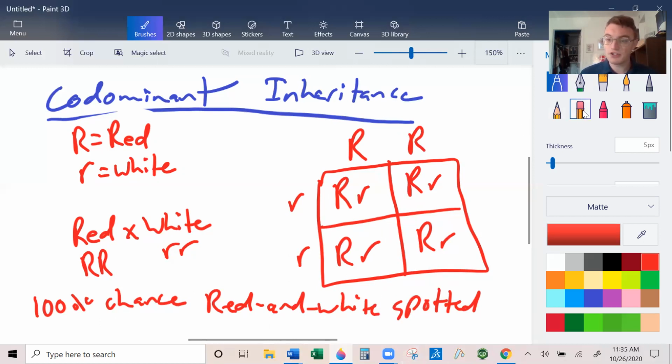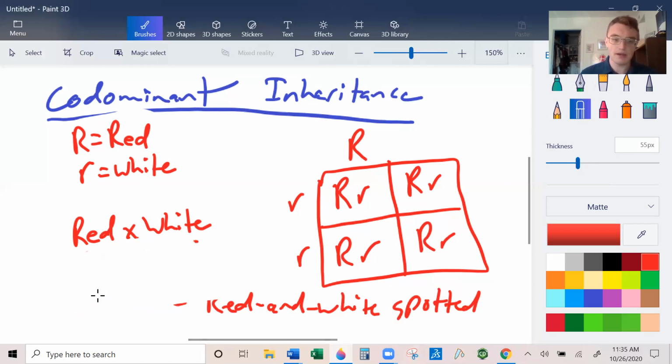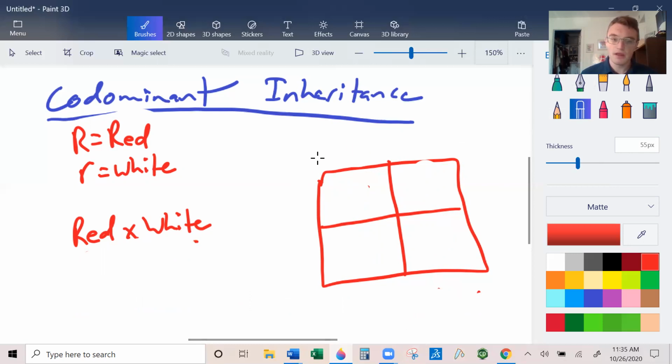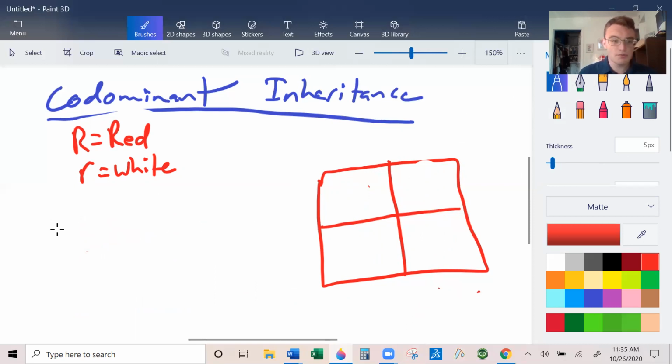If we were to put two red and white spotted flowers together, so now instead of marrying a red and a white, let's marry two spotteds.